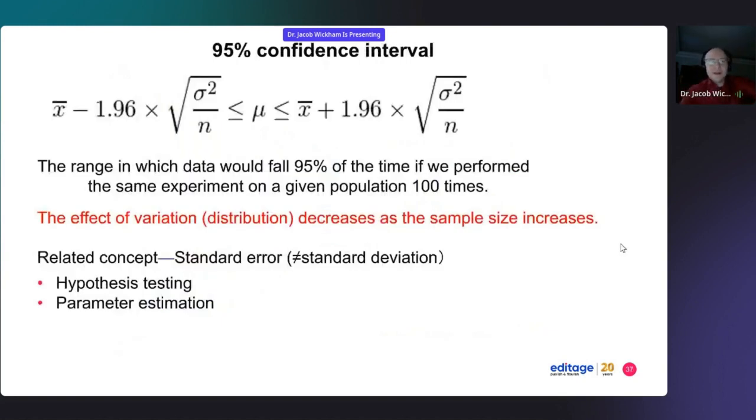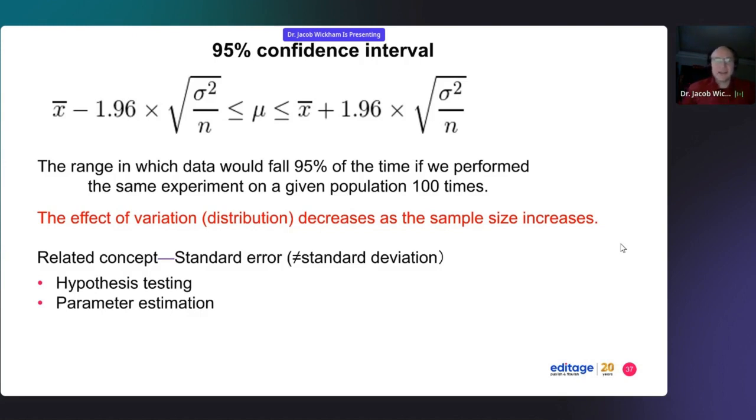Another concept I wanted to cover is the 95% confidence interval. This is the effect of the variation. This will actually decrease as your sample size increases. So if you have a very large variance, you will want to have a large sample size, because then the effect of that variance will be diminished with increased sample size.